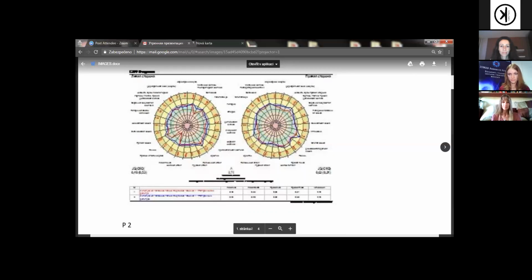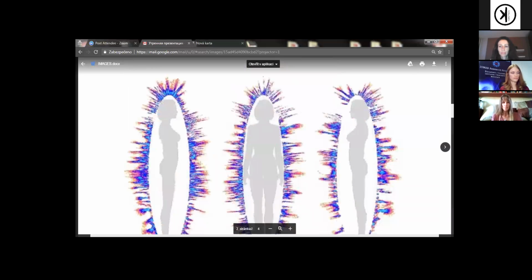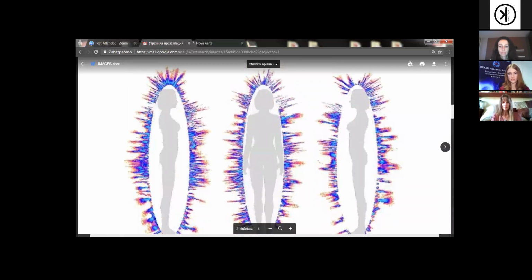Now we can see the next picture, which will show the energy of the lady. So this scan was taken before the emotional release, when she was in this high emotional pressure and in the state of anger.